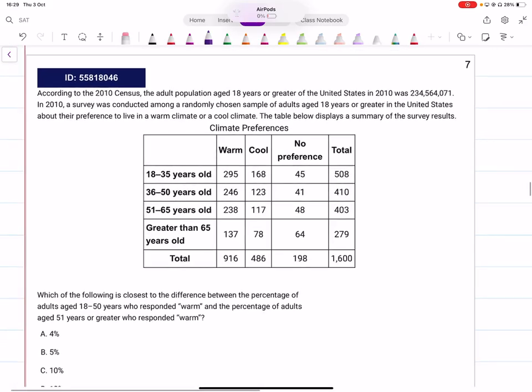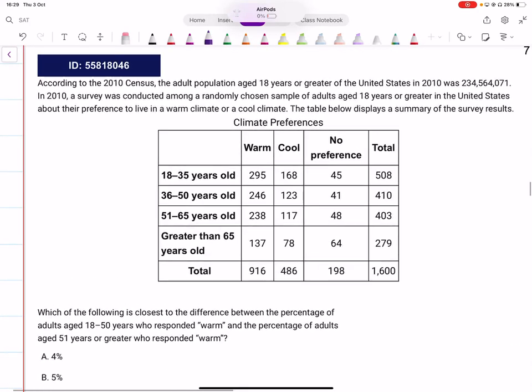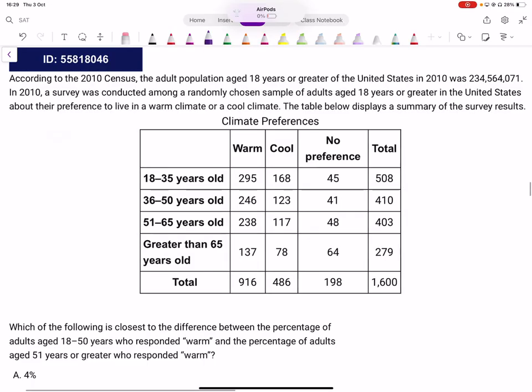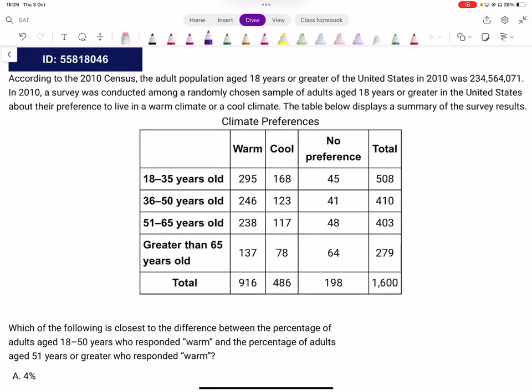Okay, take 30 seconds to read the question. According to the 2010 census, the adult population aged 18 years or greater was this.